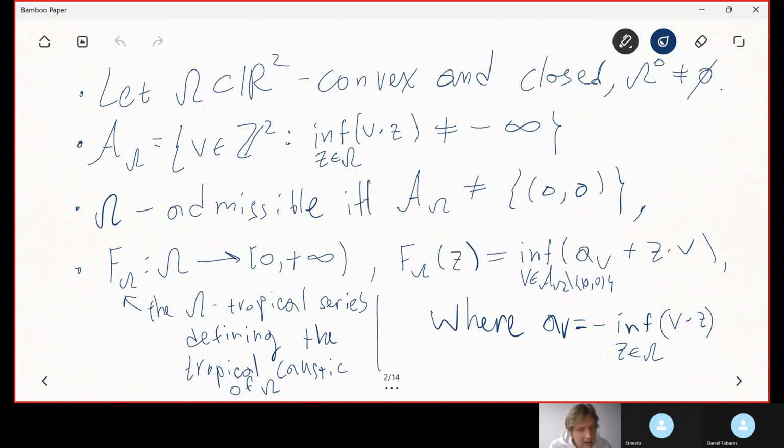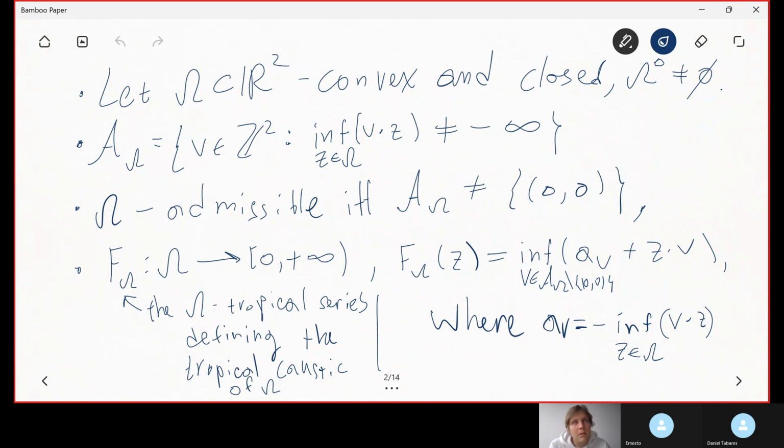Oh, yeah. And then if it's admissible, we can cook up the most useful, in a sense, tropical series, which is just the infimum of all support functions. So it's an infimum of all non-zero elements of A_Omega, and we add the A_V, which is the minus infimum, so that the result A_V plus Z times V is positive on Omega.